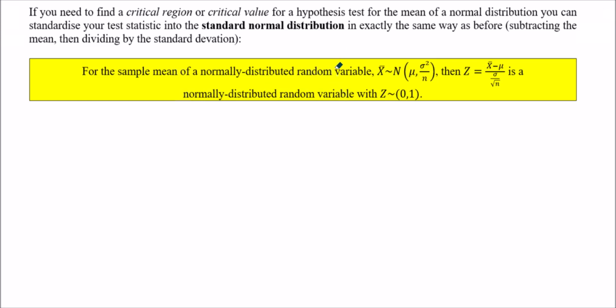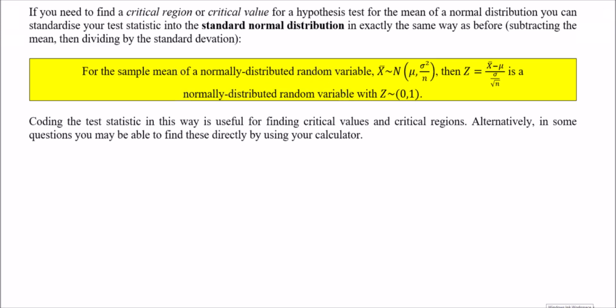Typically, you need to code into the standard normal distribution if you don't know the population mean, the population variance or standard deviation, or any of those. If we do know those, typically we don't need to code unless a question makes it specific and says you have to, but that's very rare indeed.